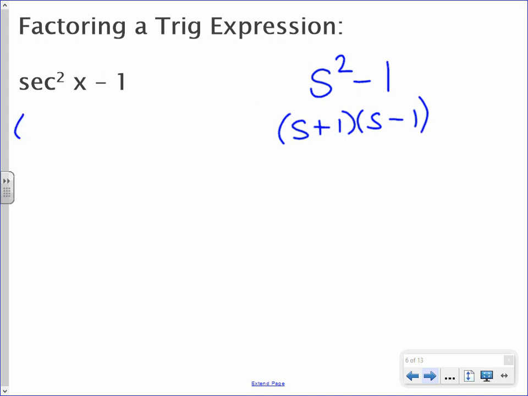So over here, this would be secant of x plus 1 times secant of x minus 1. My biggest advice to you for factoring would be, if you need to, change them into just letters instead of the full trig function name, sometimes it's easier to see.